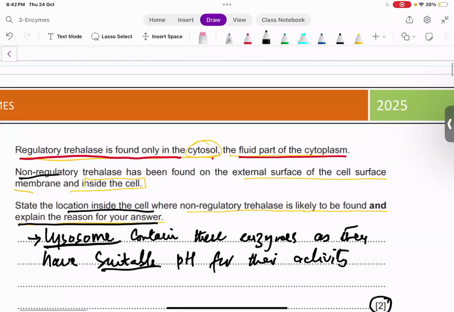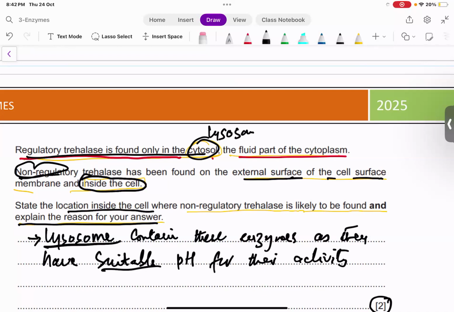This regulatory is present in the cytosol and the lysosomes, and non-regulatory has been found on the external surface of the cell surface membrane and inside the cell. So both enzymes can work inside, but non-regulatory can also work on the outside of the cell. So non-regulatory can be extracellular and intracellular, but this regulatory is intracellular only.